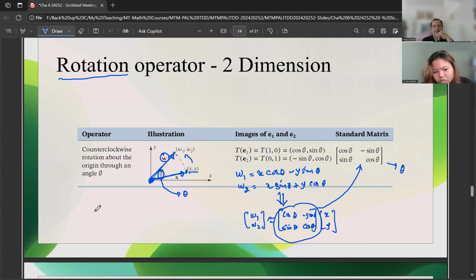And okay, the convention of theta, jadi perjanjiannya untuk theta, theta will be positive if we count it counterclockwise.